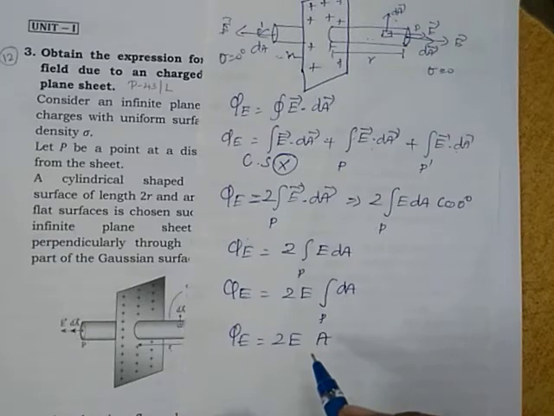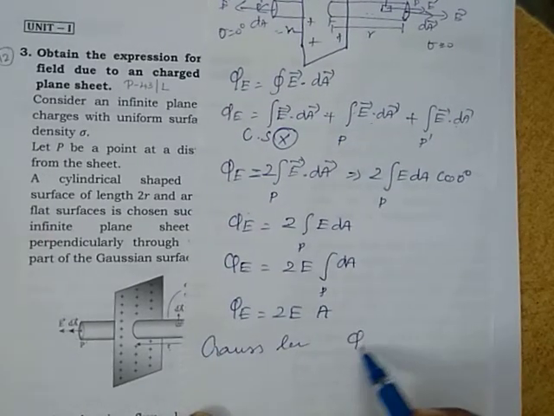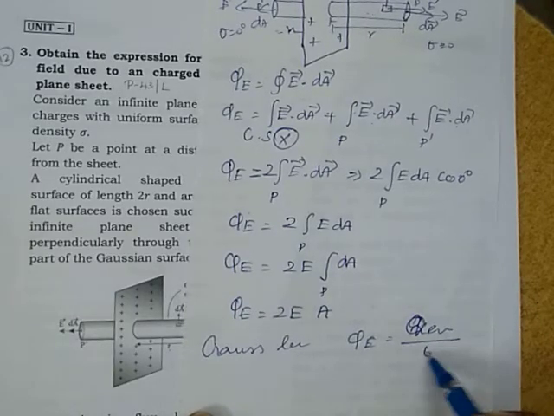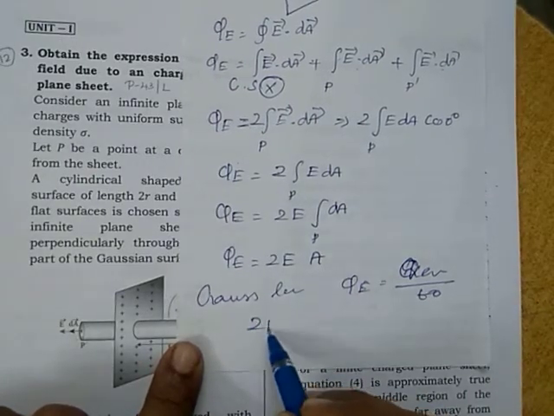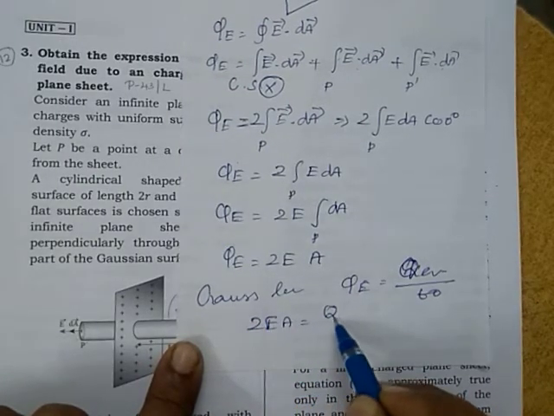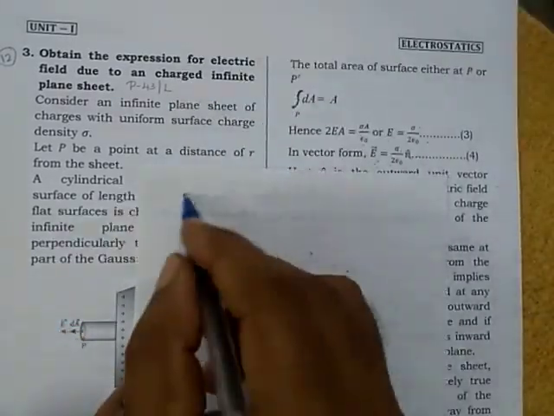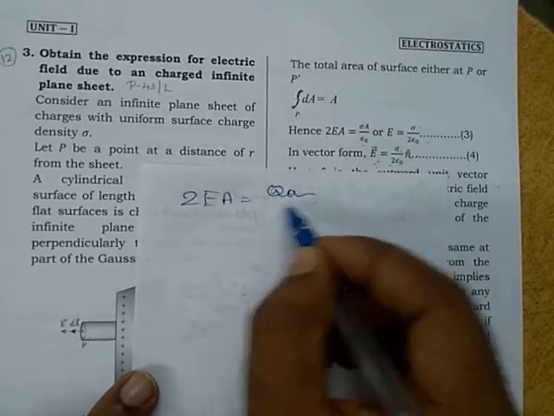Then applying Gauss law, we know flux phi E is equal to Q enclosed by epsilon naught. Substituting this we get 2EA is equal to Q enclosed by epsilon naught.